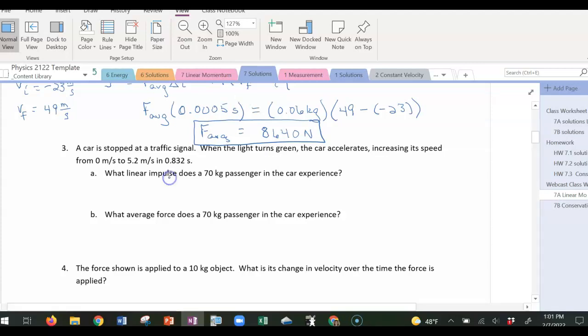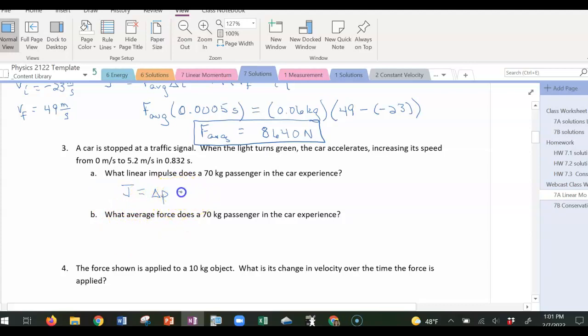So again, I'm using that impulse momentum theorem, which tells me that the impulse is going to equal the change in the momentum. In this case, I do not know the average force, and so I can't calculate it as F delta t, but I can calculate the impulse by looking at how the momentum of the car changes.